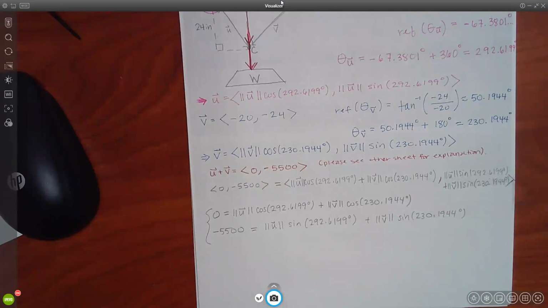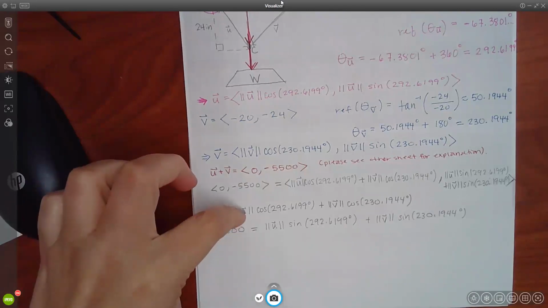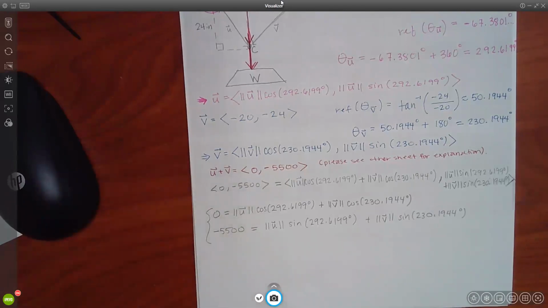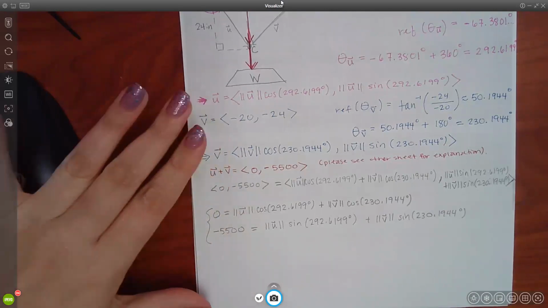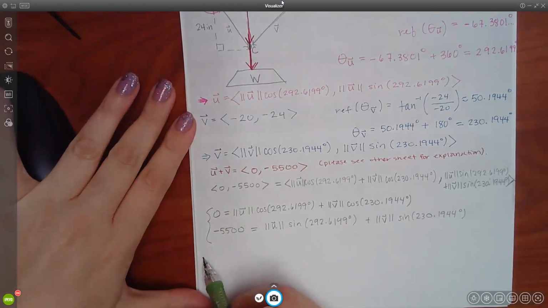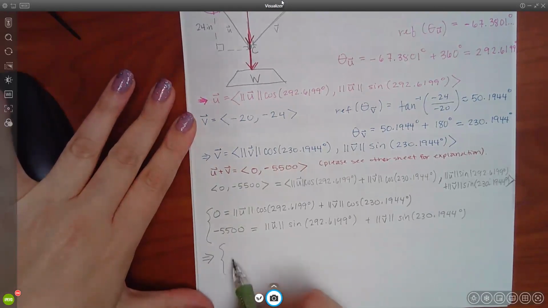Because if I try to solve for one of these, either the magnitude of U or the magnitude of V, it's just gonna look really, really ugly, okay? So I'm instead gonna actually just figure out what these decimals are.